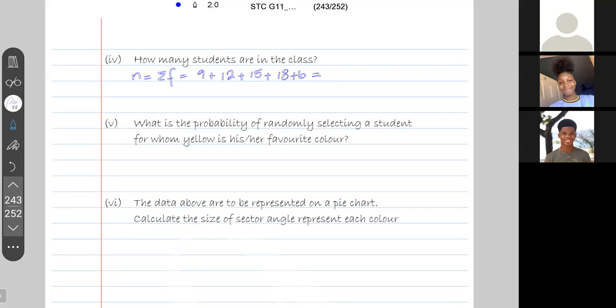So there's a total of 60 students in the class.